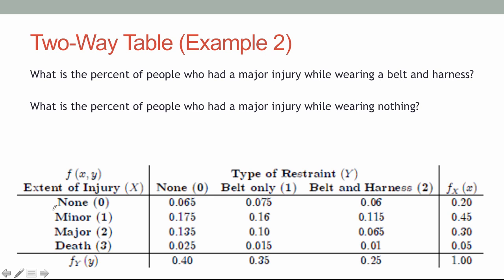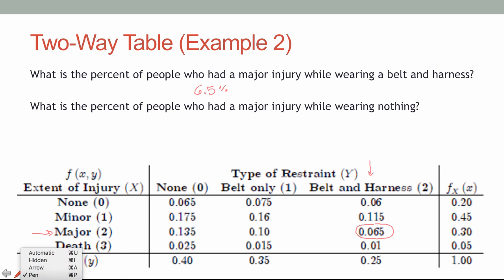Okay, so we need to find major injury. We need to find belt and harness and find where they intersect right here. That's 0.065, which I multiply by 100. The answer would be 6.5% of the population had a major injury while wearing a belt and harness.